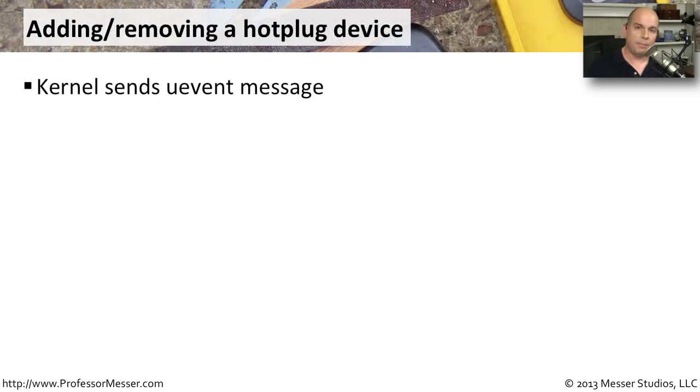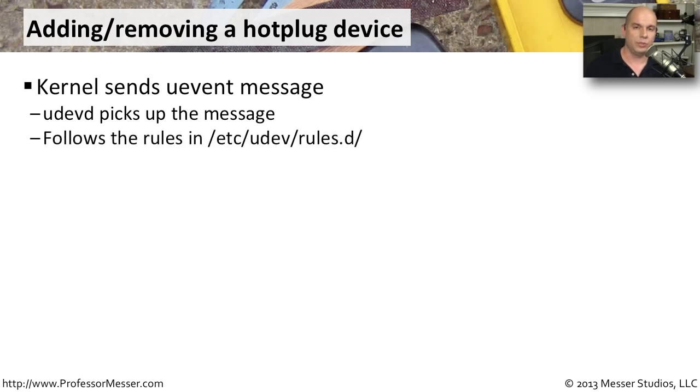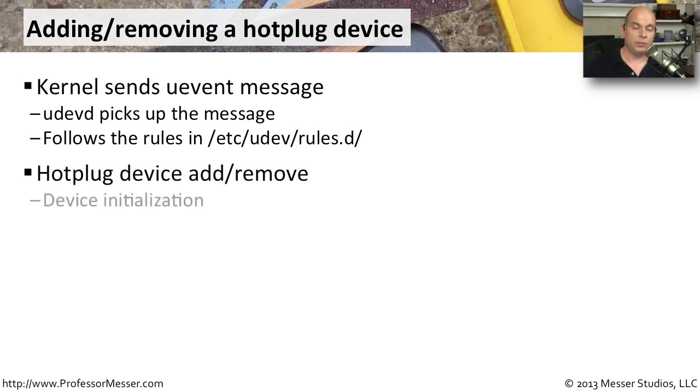When you connect a hot plug device to your Linux system, or you remove the hot plug device from your system, the kernel is going to send a uevent message that is going to be picked up by your udev daemon. And when it sees that message, it goes through a list of rules that it has to determine what does it do with this type of hardware. For example, if we were to plug in a hot plug device, first the device is initialized, then the file is created in /dev.